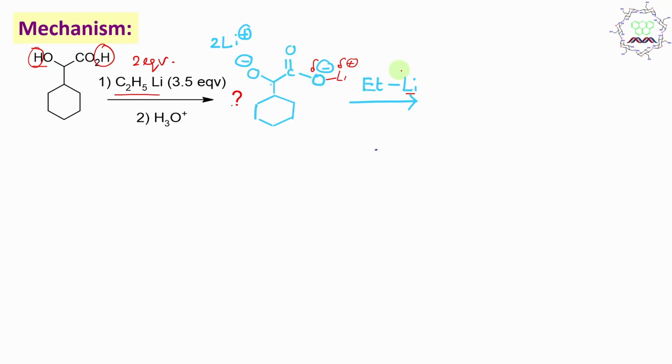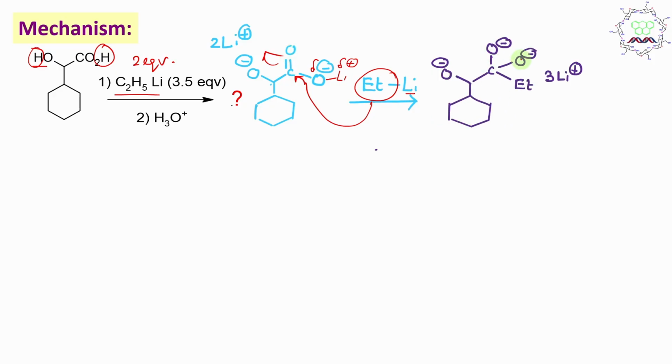In short, a very reactive reagent can adjust itself in such a way that this nucleophilic addition reaction can take place. So what will it result in? Again 3 O minus. Obviously the counter cation is 3 lithium. So you can understand, as I told, 3 equivalents of this ethyl lithium will be needed. It is totally consumed. The 0.5 is there, so that is used to handle the moisture in the medium.